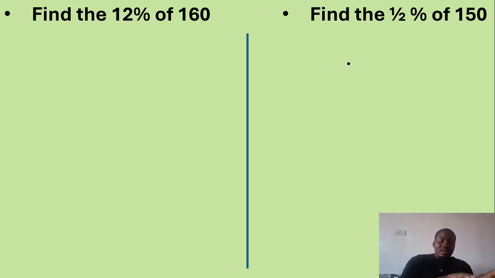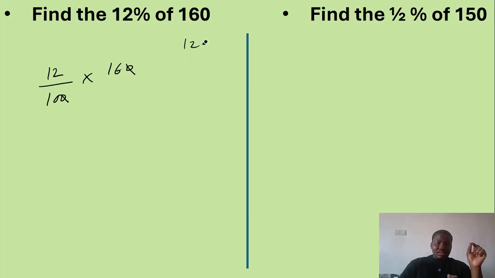So when you have 12% of something, these are the kind of examples where you just want to do it the normal way. Like 12% is 12 over 100 times 160. So the 0 here will cancel the 0 here. Then you have 12 times 16. So you can say 12 times 10, that's 120.